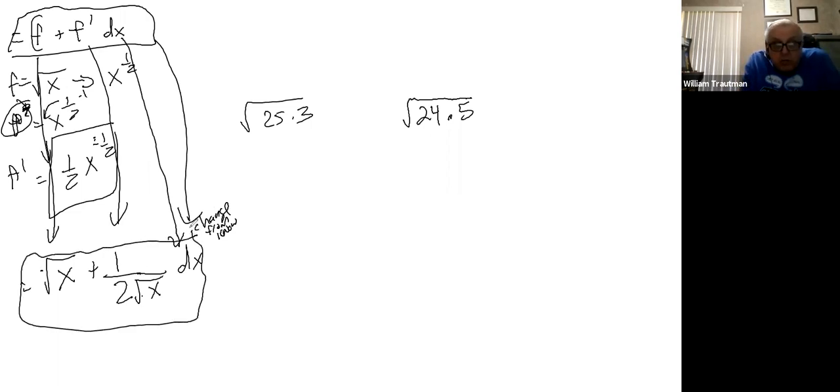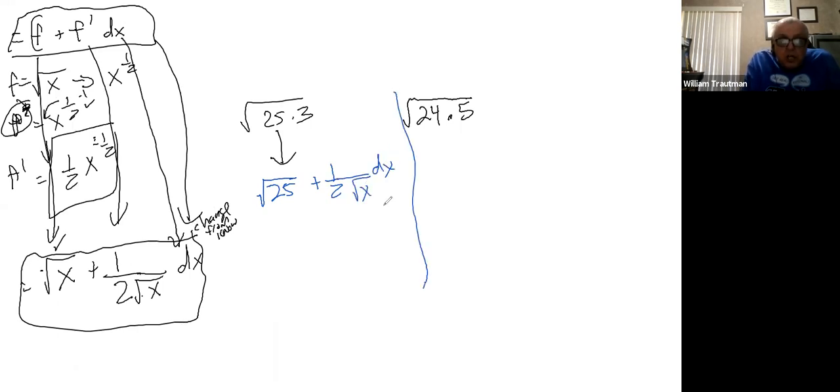When we do the square root of x, you have to write down the original function and then take the derivative of the original function like I just did. So this now turns into the original function plus 1/2 square root of the original times dx.